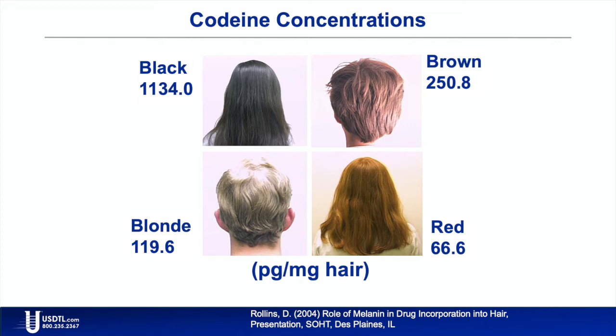The collections were made at the same time, and look at the wide range of concentrations that we see there. So with these alkaline compounds, which includes methamphetamine, cocaine, the opiates, which is heroin, hydrocodone, codeine, morphine, hydromorphone, oxycodone, and PCP, we have to be aware that hair color is a large variable when it comes to the reported concentration.